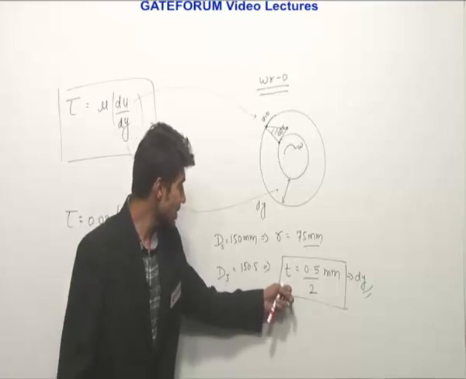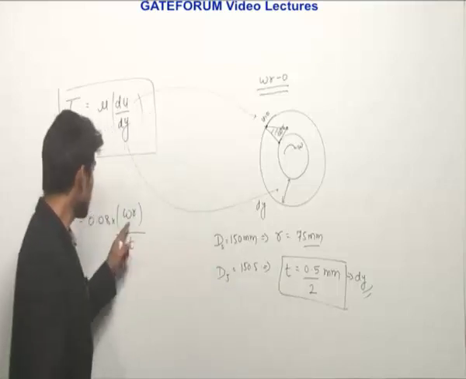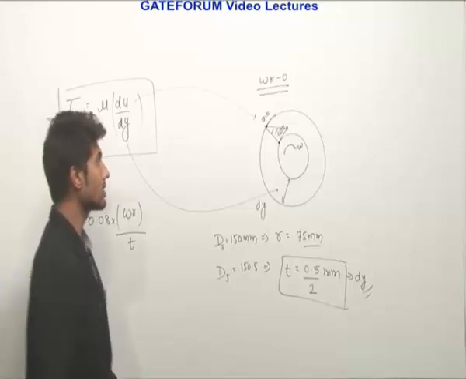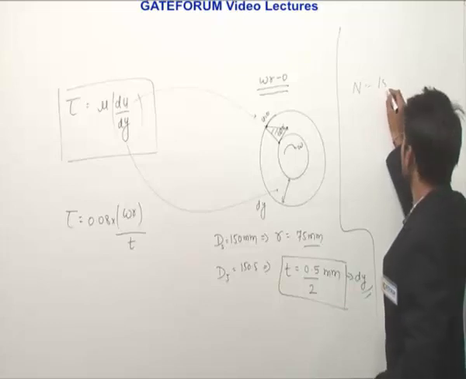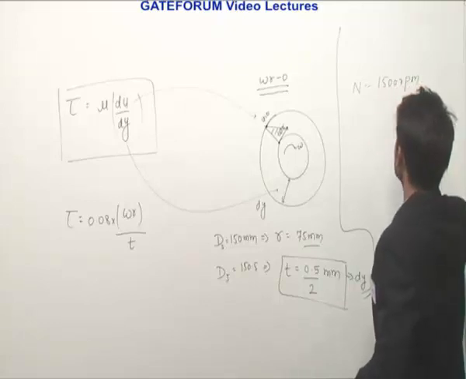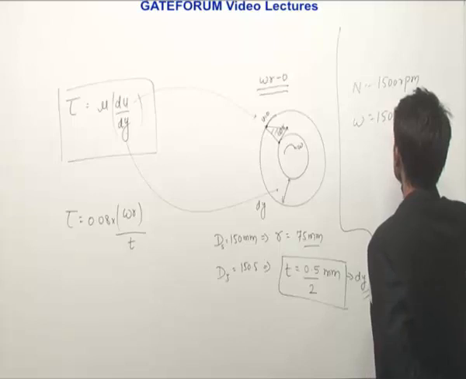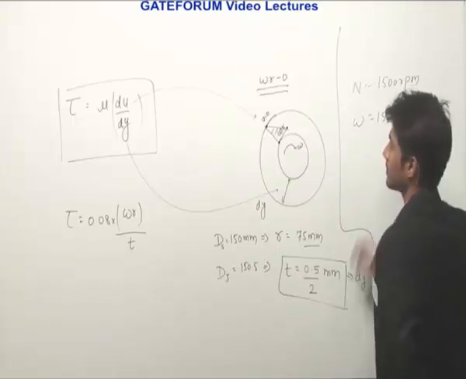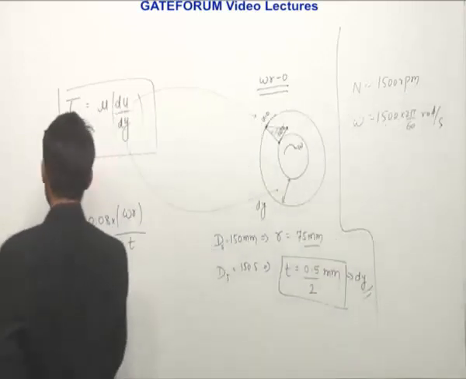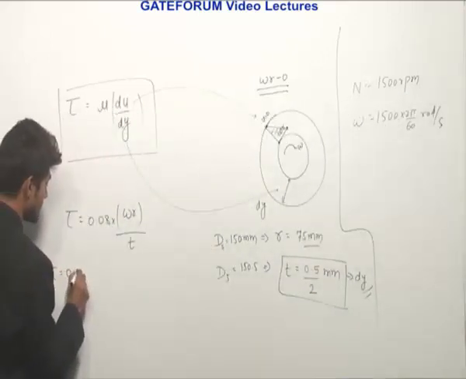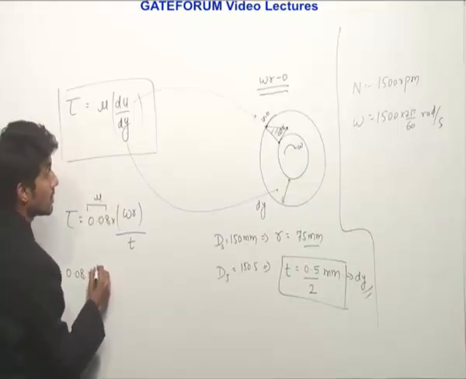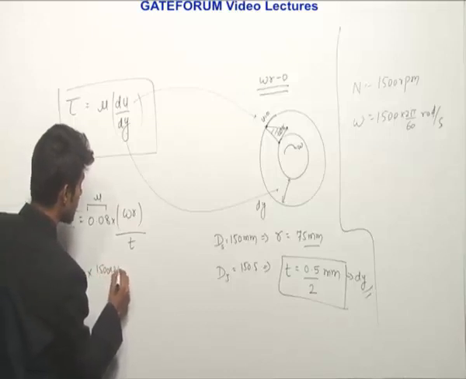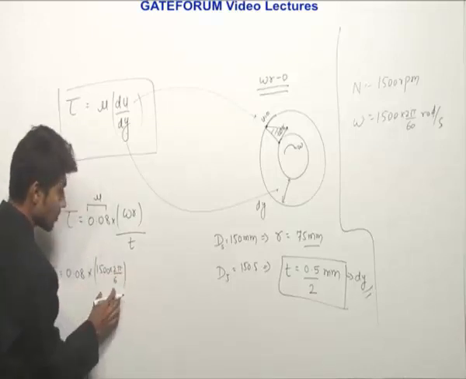Now I have the thickness with me. If omega is known to me, my formula will get completed. As we know, N is given as 1500 rpm. So omega will be equal to 1500 into 2 pi by 60 radian per second. So in the tau formula I can write 0.08, this is the mu value given, into 1500 into 2 pi by 60, this is omega.